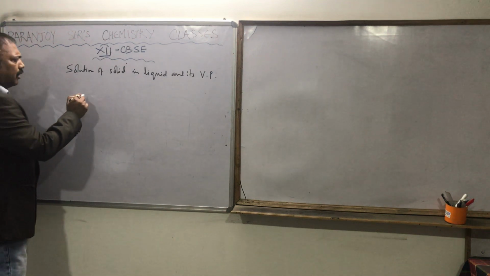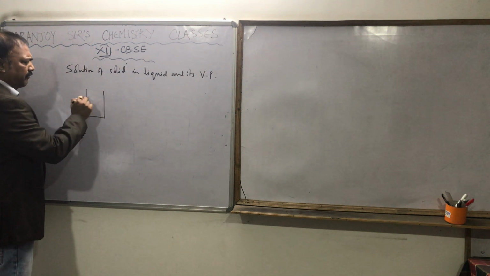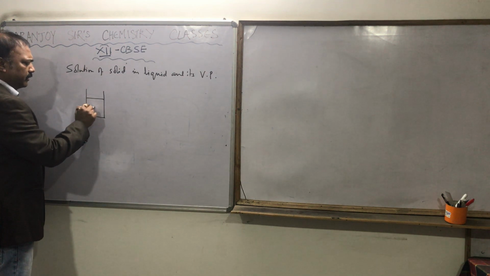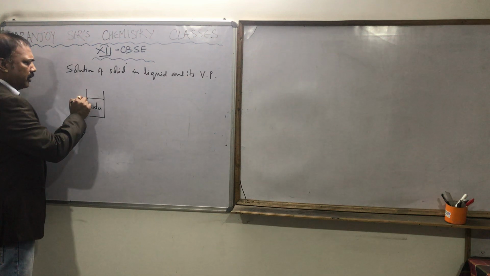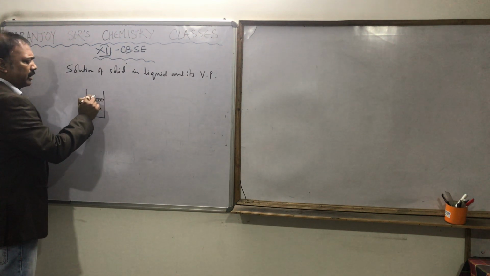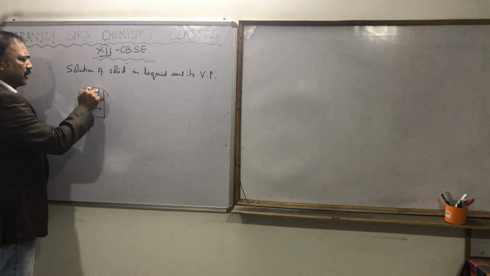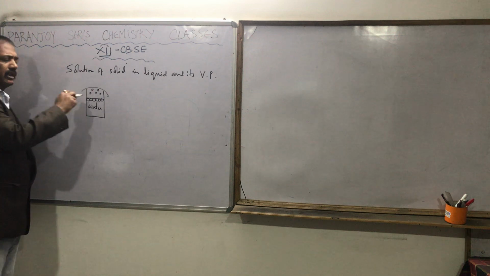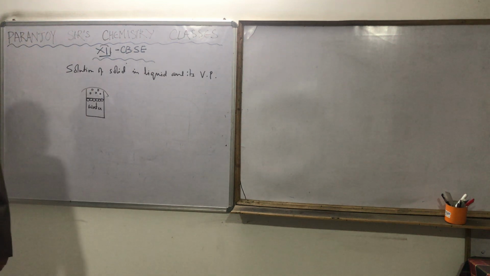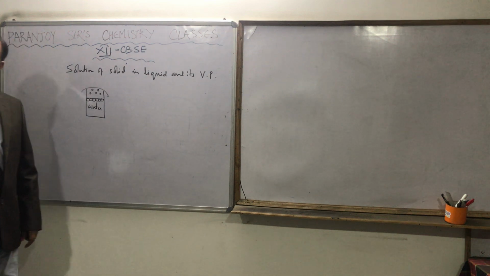Now suppose we have taken some amount of liquid, any kind of liquid, suppose pure water. So obviously some water molecules are at the surface of it. These surface molecules are going to get evaporated. If we cover it, the surface molecules are going to get evaporated. Now, till when? It will get evaporated till the equilibrium is reached.